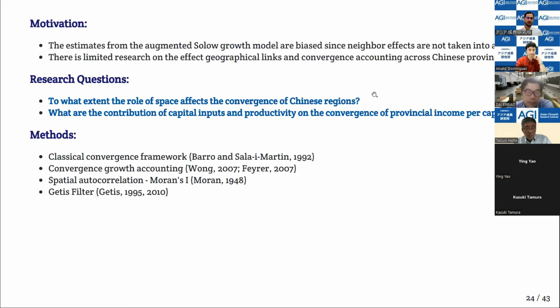Now, what is the motivation? Well, first of all, the estimates from the augmented Solow growth model are biased, and they are biased by definition because they do not consider the effects of neighbors. So when you see these models, they consider that a region grows by itself. It depends on the determinants of growth of that region, but not on what is happening around that region. And we can see that that's biased.